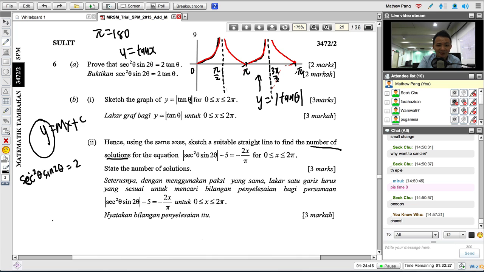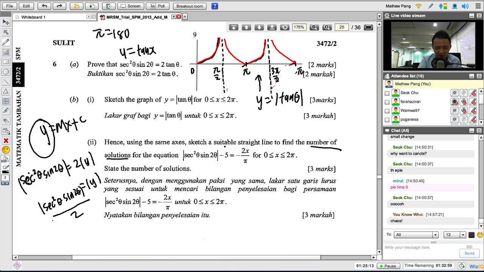What is my tangent angle? My tangent angle actually equals to y, right? Alright. But however, I have the modulus here. So I add the modulus here for both sides. But then I want y, right? My y modulus, I move the 2 to the other side. Equal to secant squared angle sine 2 angle over 2.